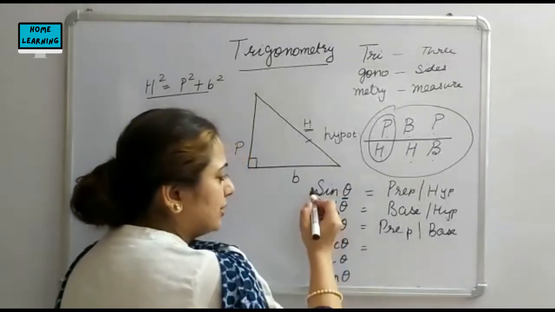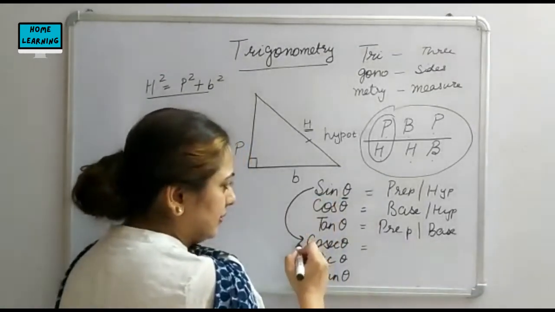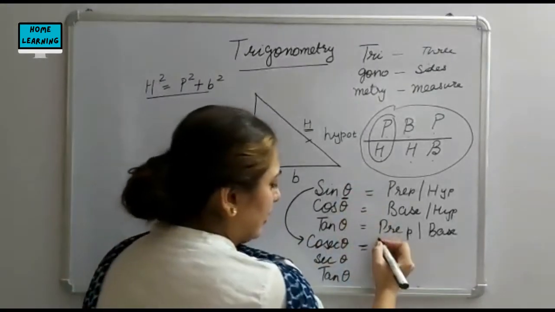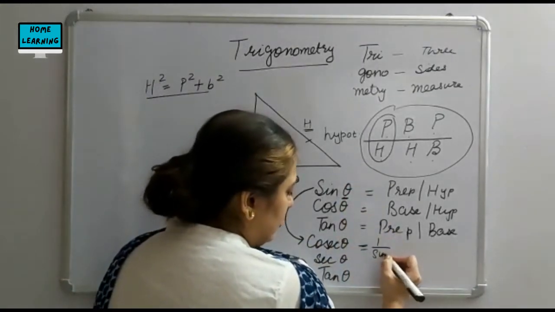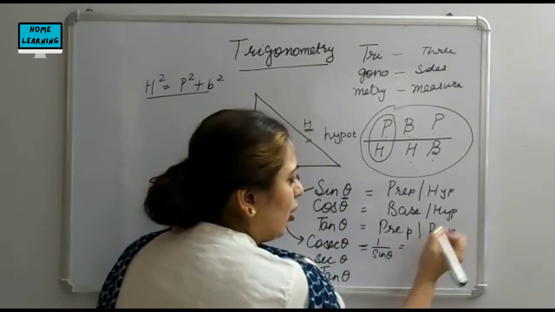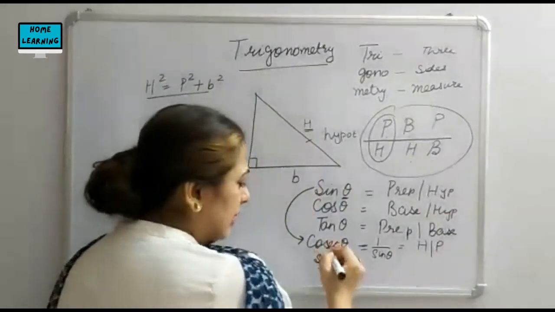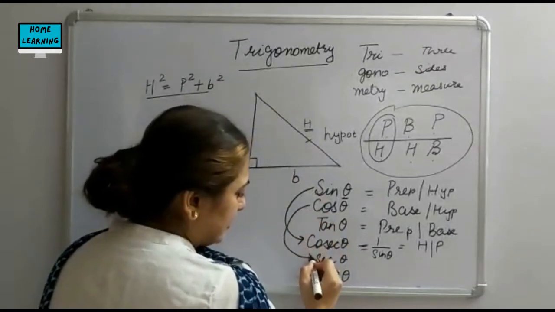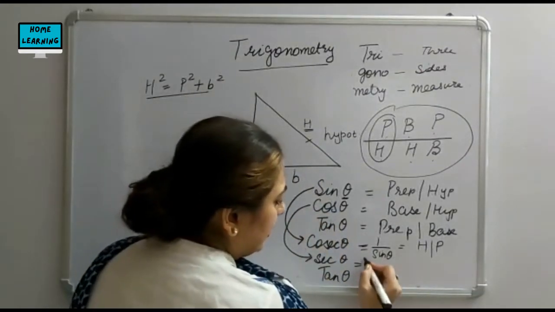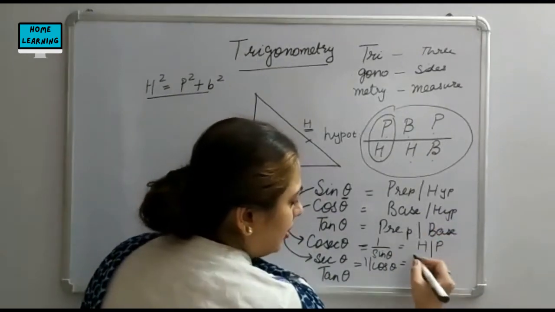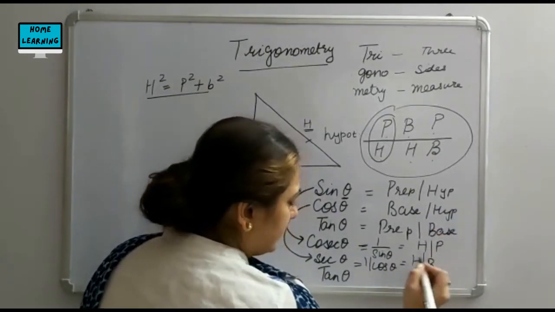Cosec theta. Now cosec is the reciprocal of sine theta. So you can write it 1 upon sine theta or hypotenuse upon perpendicular. Similarly, sec theta is the reciprocal of cos theta, that is 1 upon cos theta or hypotenuse upon base.